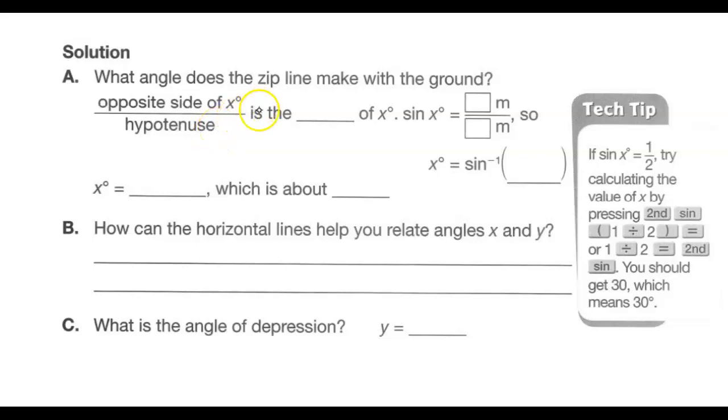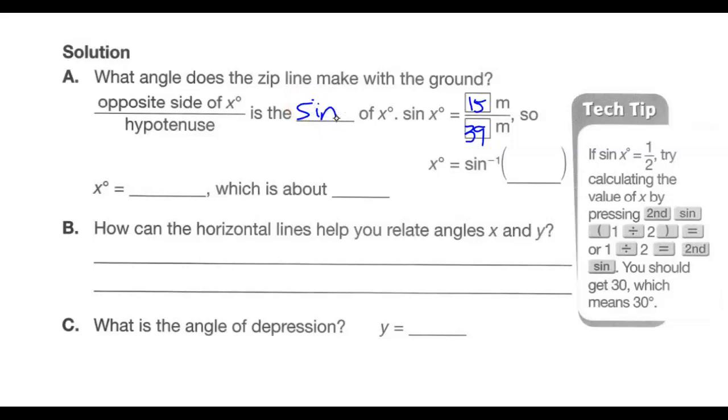That's the opposite side of X over the hypotenuse. And so the opposite side, what did we just say there? Opposite was 15 here, and the hypotenuse was 39. So we're doing the sine of X.